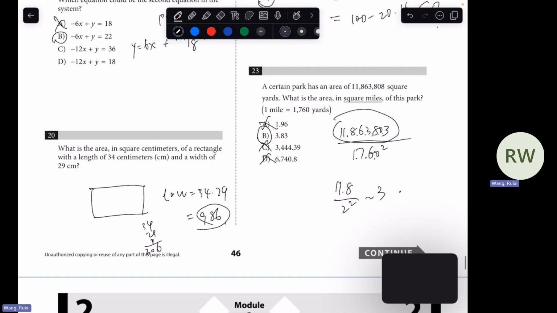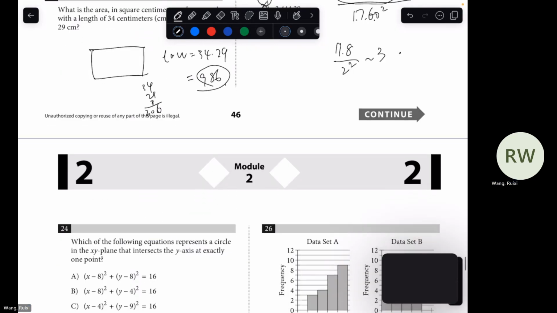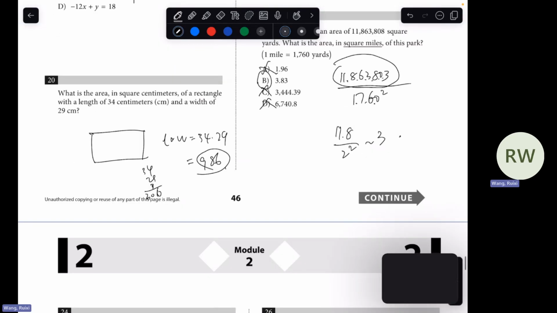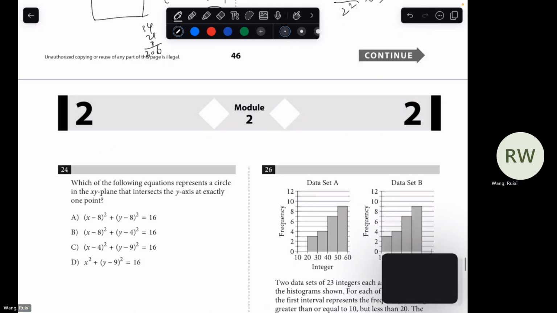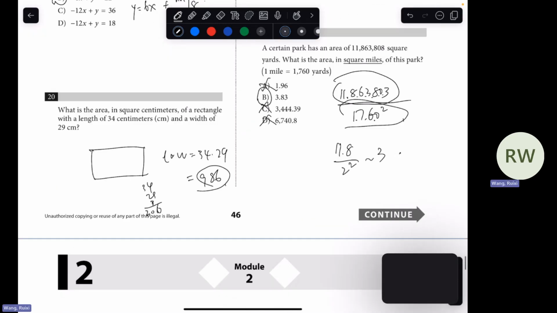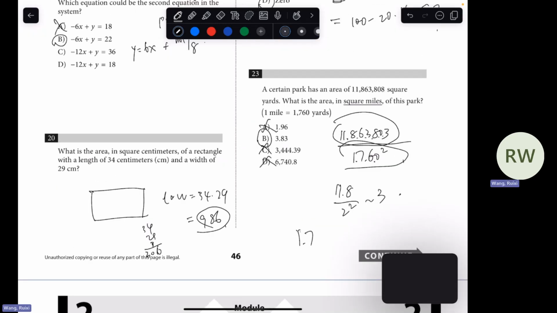Okay. Right, because I'm now dividing by a smaller number, right? The result is going to be larger. Okay. And also 1.7 squared is almost 3.